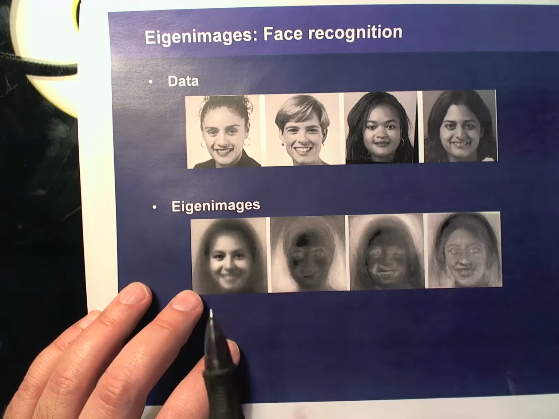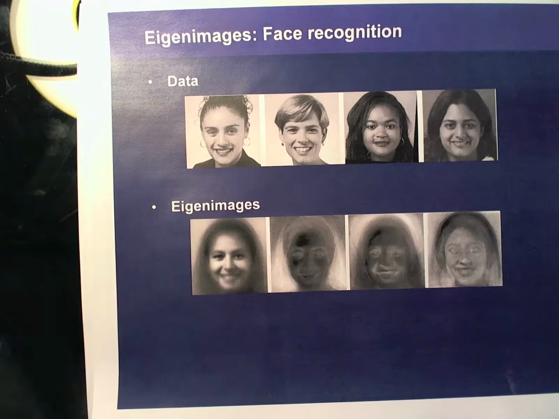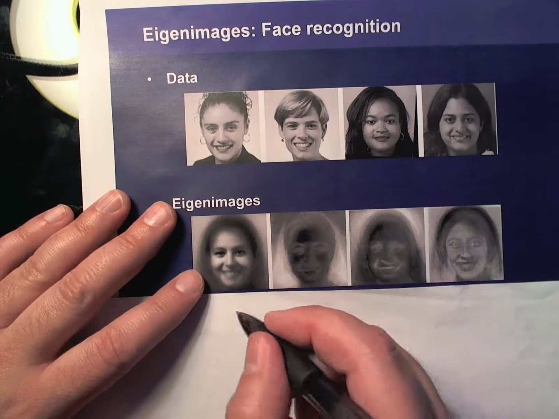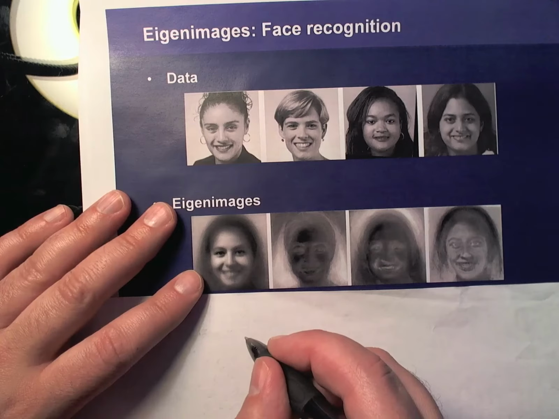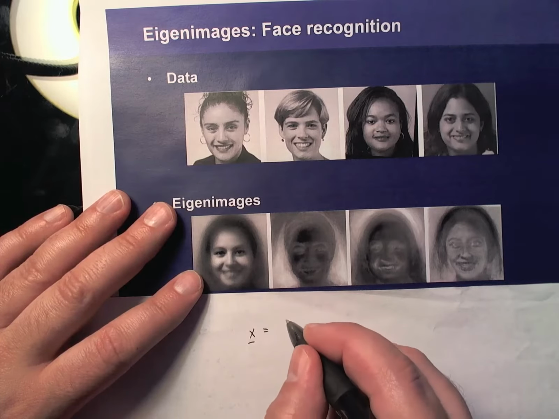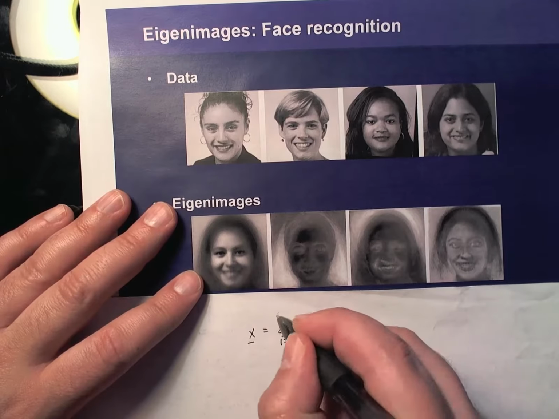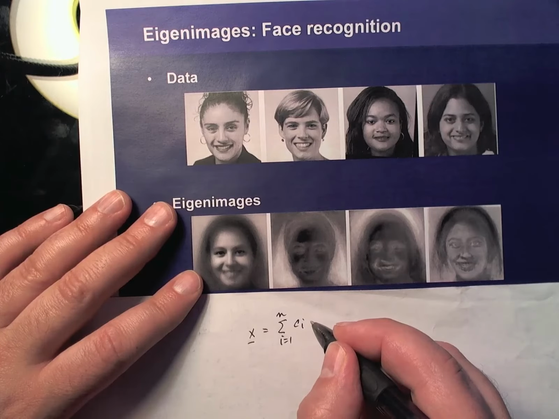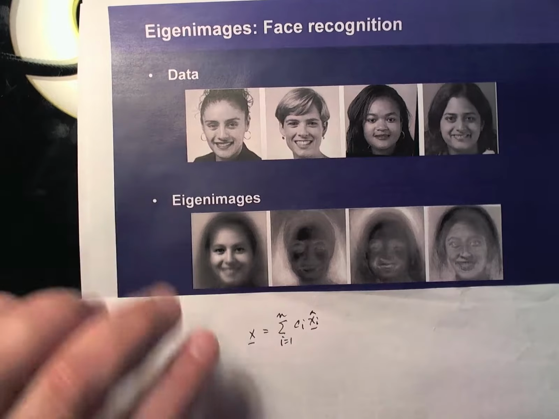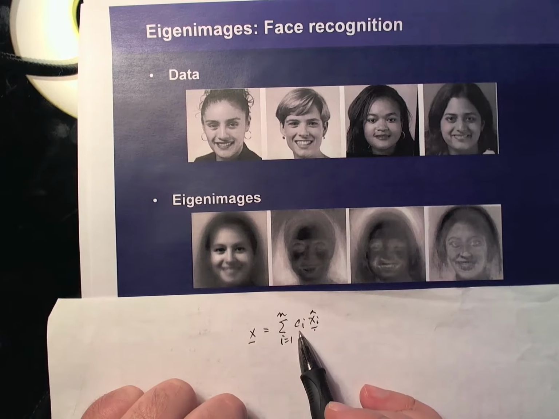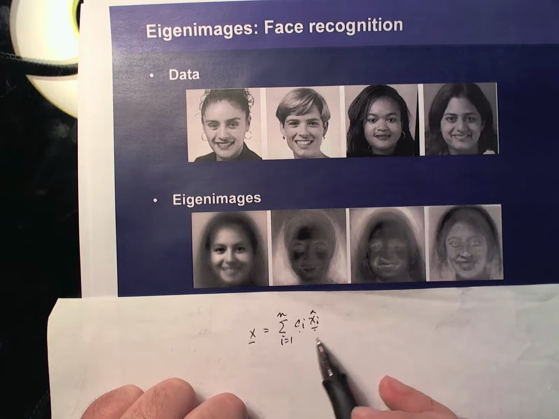I'm sorry, let me back up. So let's say that I want to do a basis expansion. So I want to describe each person as a sum of basis vectors with these coordinates. Here's my series.